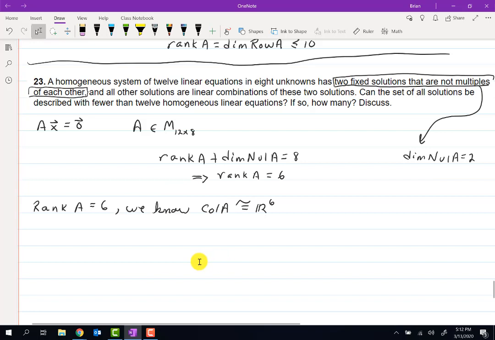Now the question asks us, can the set of all solutions be described with fewer than 12 homogeneous linear equations? Well, of course. We only need 6 rows, which implies 6 equations are all that we'll need.